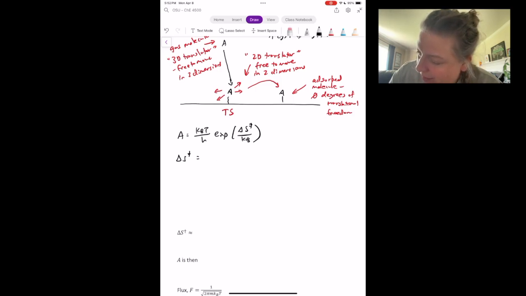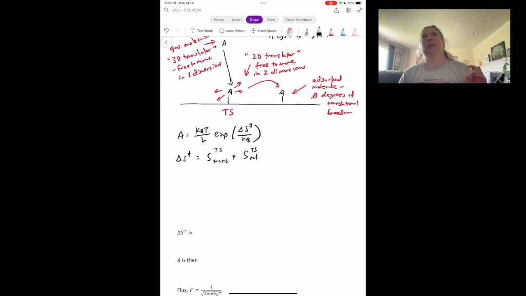So I would say translational for our 2D translator, plus our rotational. This 2D translator would have rotational mobility because it has not formed a chemical bond with the surface, so it's free to move, it's free to rotate.